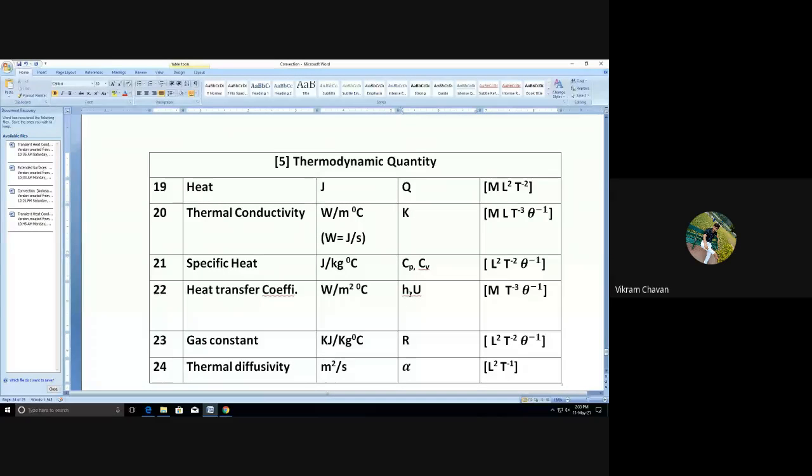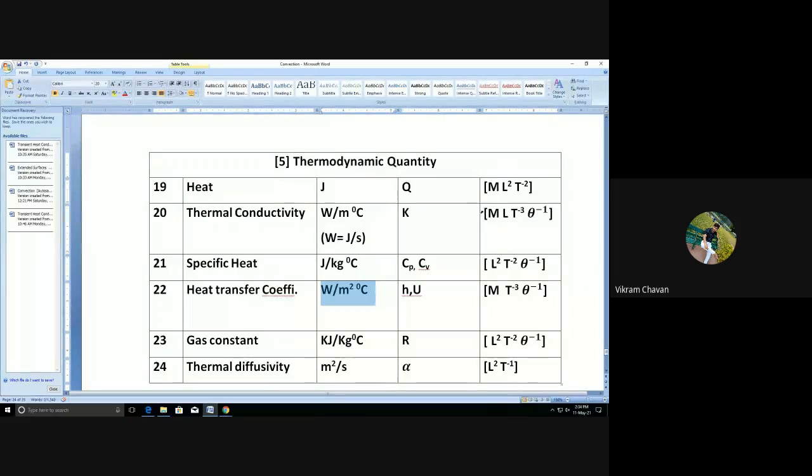And we know the unit of thermal conductivity is watt per meter degree Celsius. Just divide once again by m, that is meter, and you'll get the unit of heat transfer coefficient: watt per meter square degree Celsius.